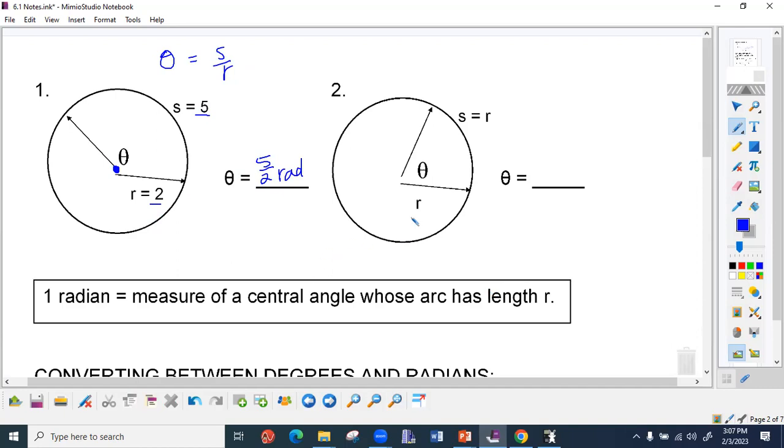Now, example 2 shows us what the value of 1 radian is. It's when the value of the arc length is the same as the value of your radius, because you would have R divided by R, which equals 1, because anything divided by itself is 1. So 1 radian equals the measure of a central angle whose arc length has the length r.